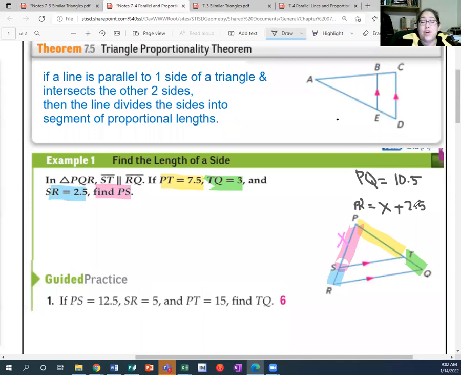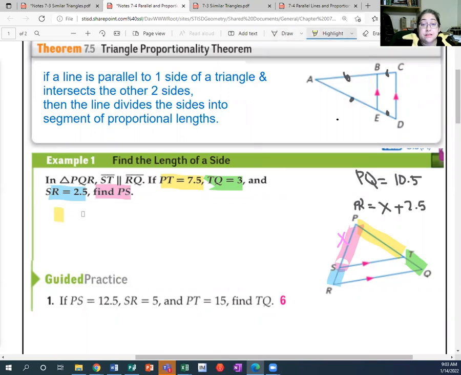I would have a really weird fraction with this crazy little expression sitting in there, and maybe it would make things harder than it needs to be. So instead, I'm going to use this theorem. It says that the line divides the segments into proportional lengths. This piece and this piece as a fraction is equal to this piece and this piece as a fraction.